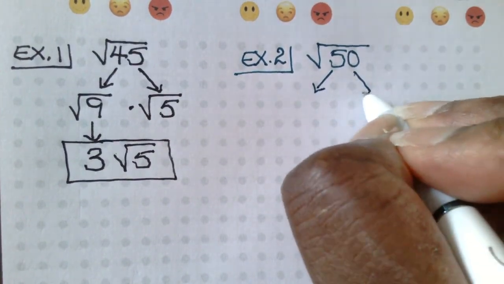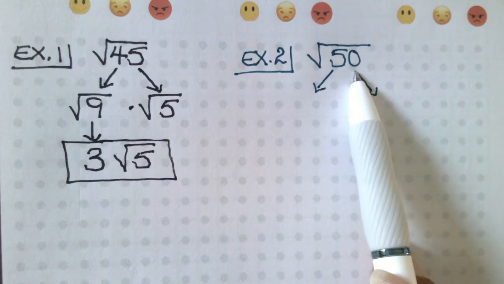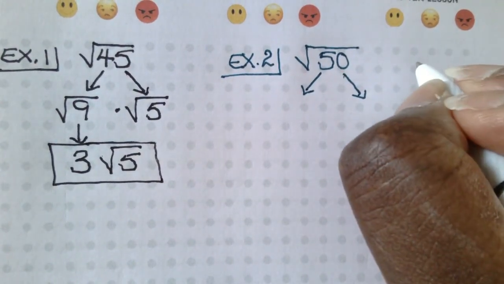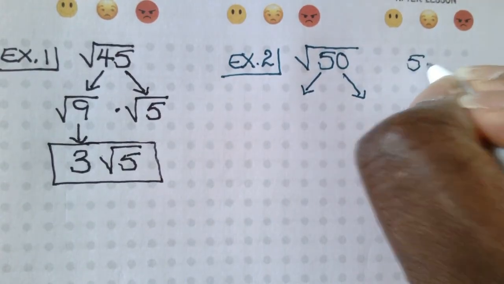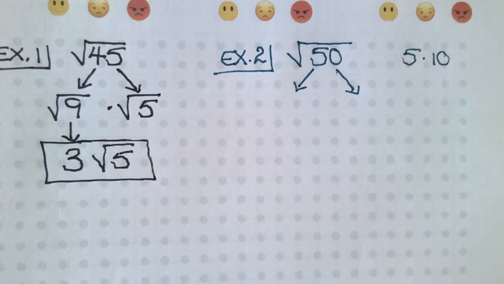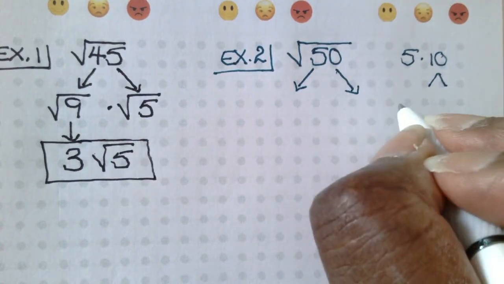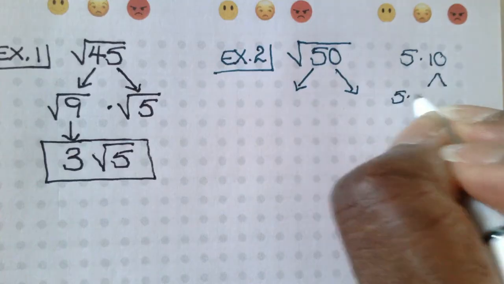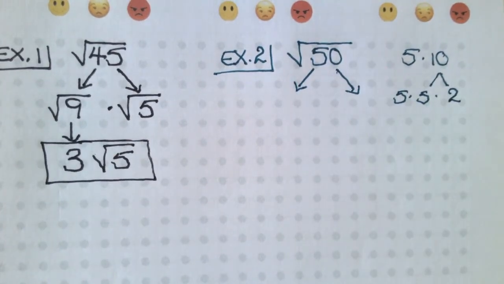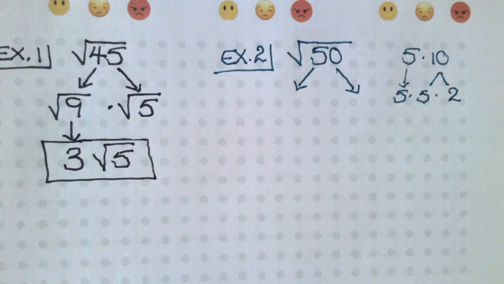And I know sometimes right away a lot of people see the 0 and instantly they're saying, oh, well, I know that 5 times 10, even if they're radicals, will give me 50. But then you're going to have to break that 10 down again. So now you're going to have 5 times 5 times 2.